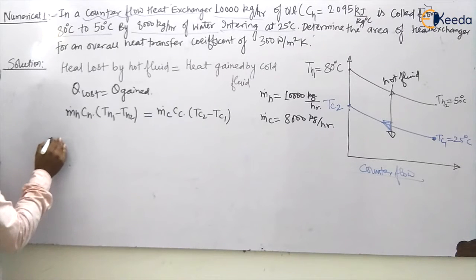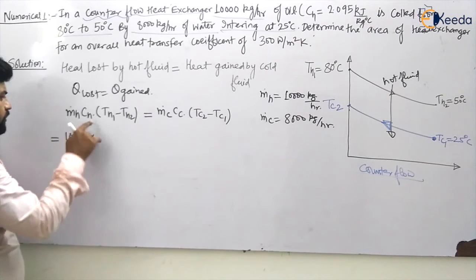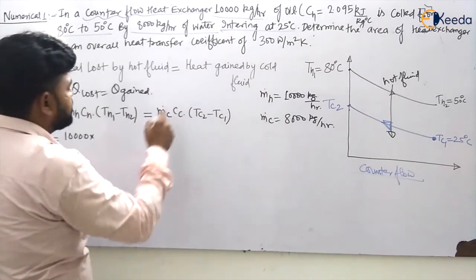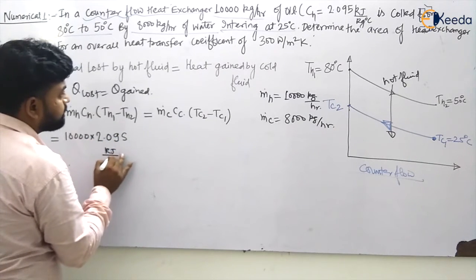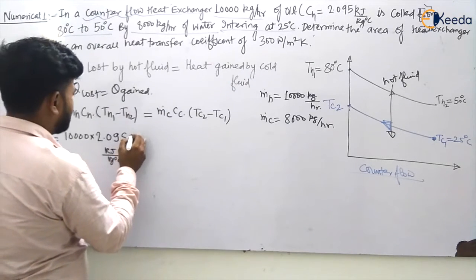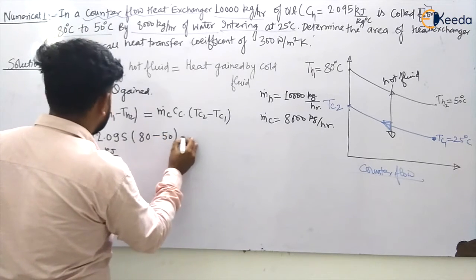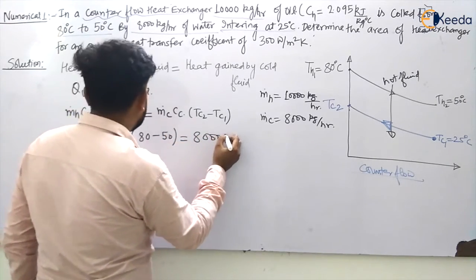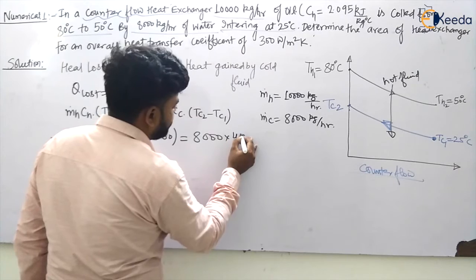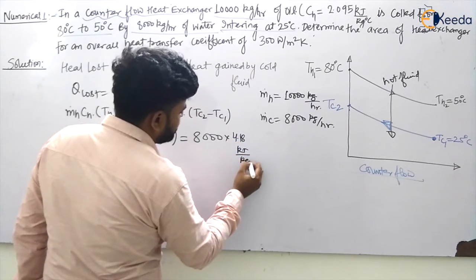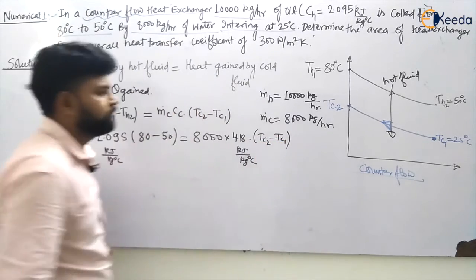So I will have m_H, which is 10,000, multiplied by C_H, which is given to be 2.095 kilojoule per kg degree Celsius, multiplied by (TH1 minus TH2), so 80 minus 50. This will be equal to what? 8,000 multiplied by the heat capacity of water. What will be the heat capacity of water? That will be 4.18 kilojoule per kg degree Celsius, multiplied by (TC2 minus TC1), my dear students.